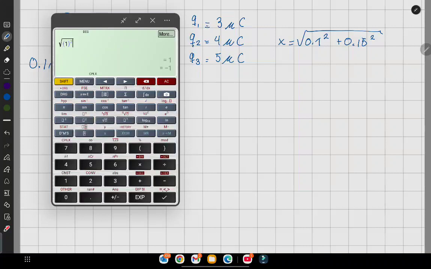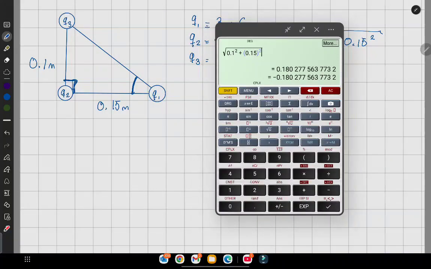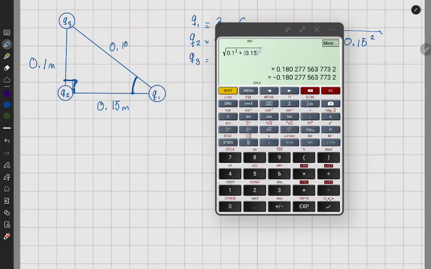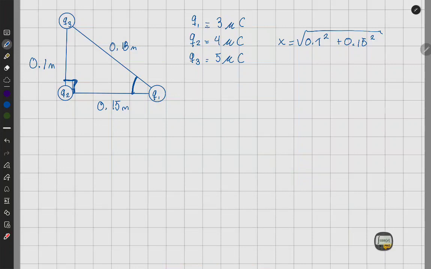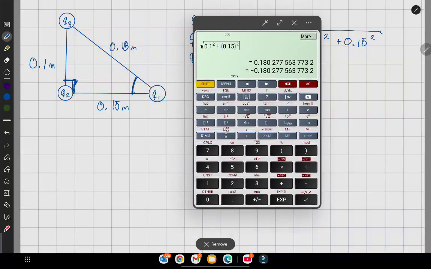So square root of 0.1 squared plus 0.15 squared. So the distance in here is 0.18 meters.